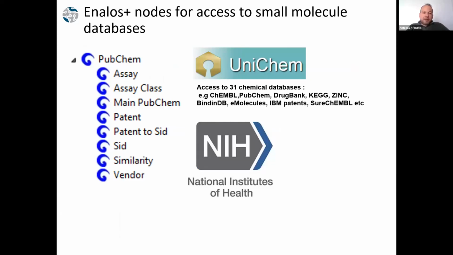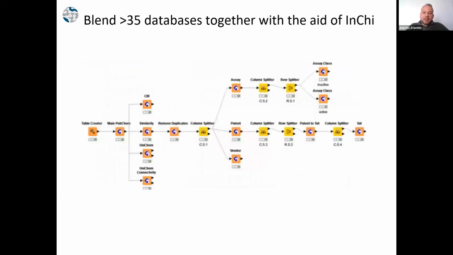In our group, we have created nodes in order to analyze the whole PubChem, but also the UniChem database. Now in UniChem, there are almost 50 databases. And through one single interface, the particular workflow is constructed, and with a single request, the user can extract information from more than 35 databases with the InChI for small molecules.